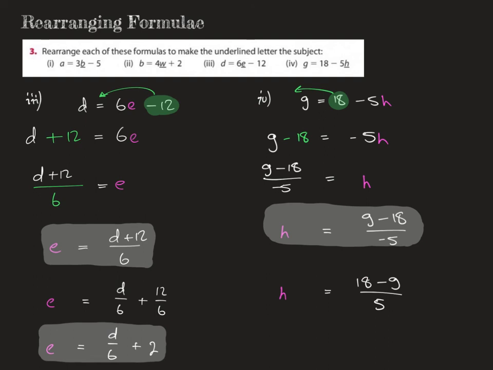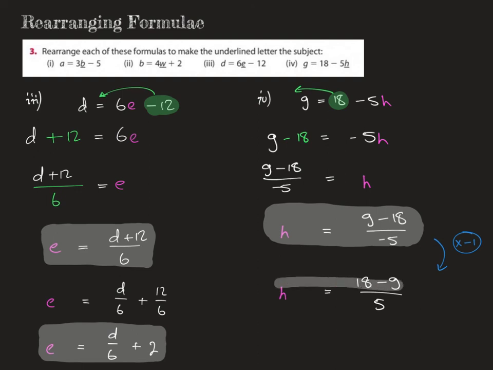So just so you can see what I did there, to go from here to here, I just got an equivalent fraction by timesing by -1 on both the top and the bottom. And you should be able to see that if I times -5 by -1, I get positive 5. And if I times G by -1, I get negative G. And if I times -18 by -1, I get positive 18. So I just rearrange these two, because typically we like to have positive numbers first, negative second, right? So that's just a variation of the answer that you could have got.